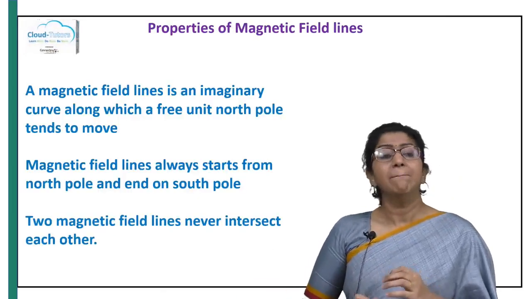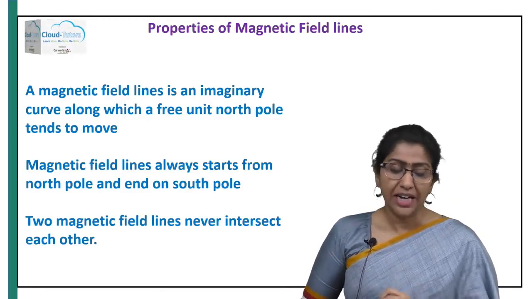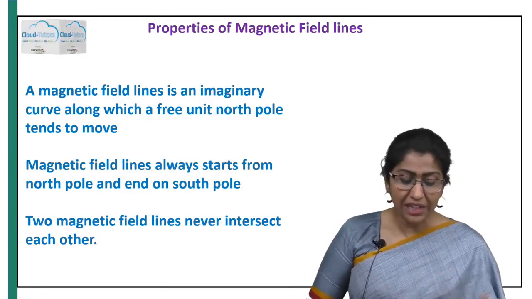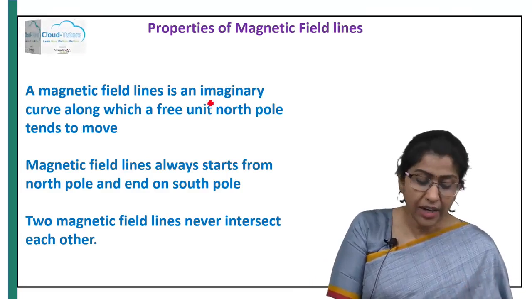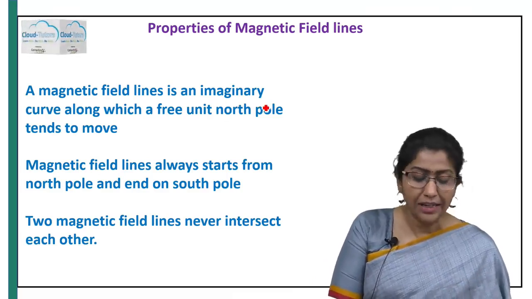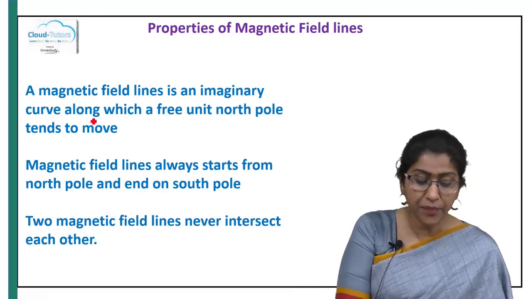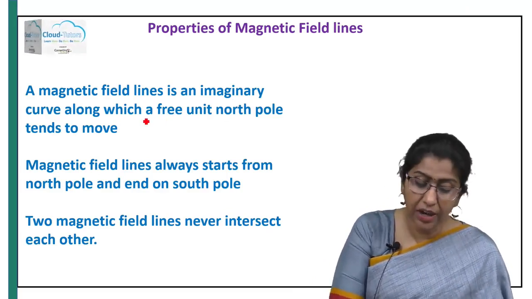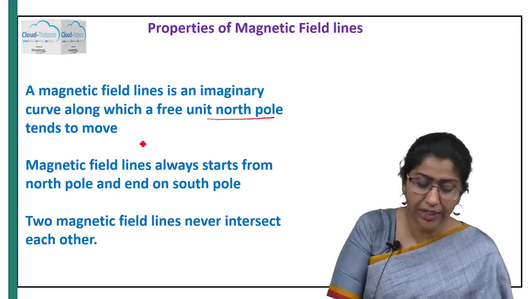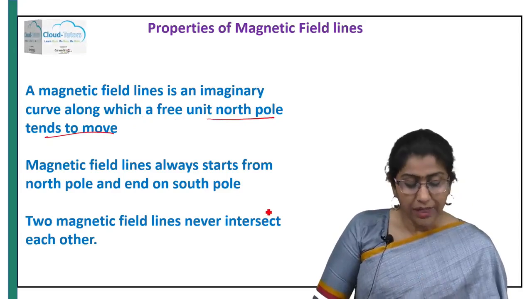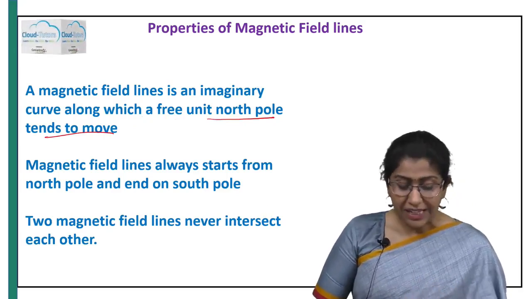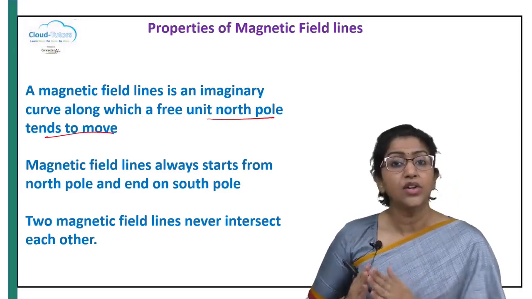Now, what are the major properties of magnetic field lines? First, what are magnetic field lines? We need to understand, right? Magnetic field lines are an imaginary curve along which a free unit North Pole tends to move. Next, magnetic field lines always start from the North Pole.